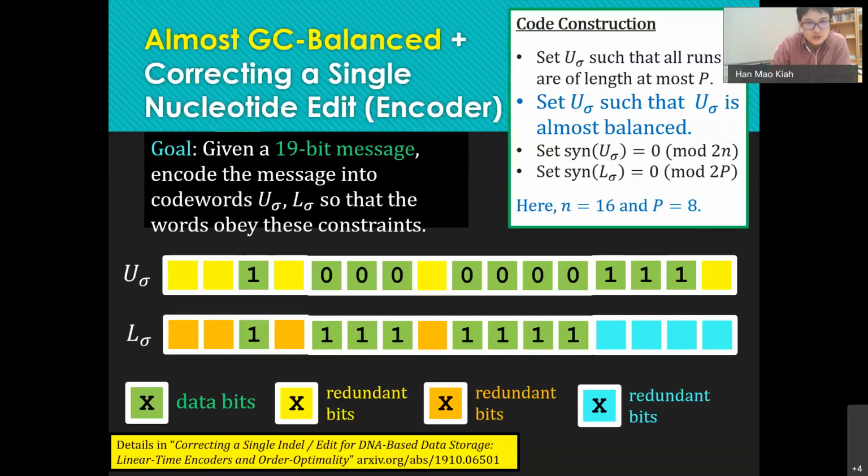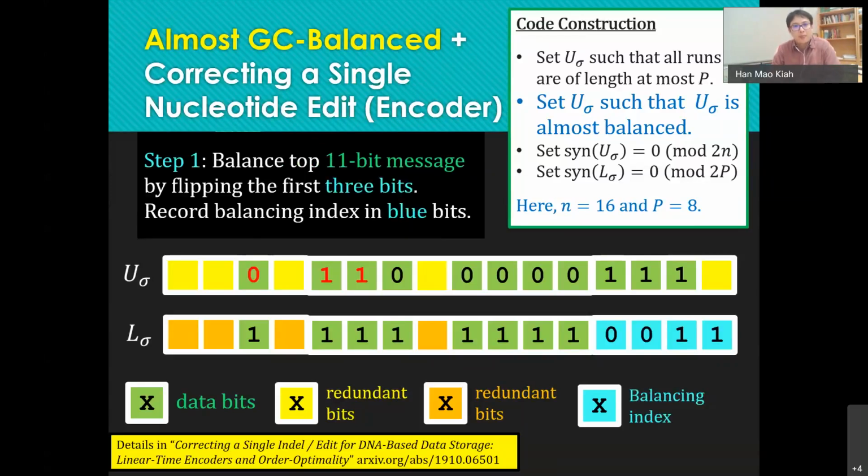First we try to get it to be balanced. Here we just need to look at the upper sequence, and we use Knuth's technique. We flip the first 3 bits, and we get something of weight 5. To record how many bits we flipped, we use the blue cells: 0011 is the binary representation of 3, telling us that we've flipped 3 bits.